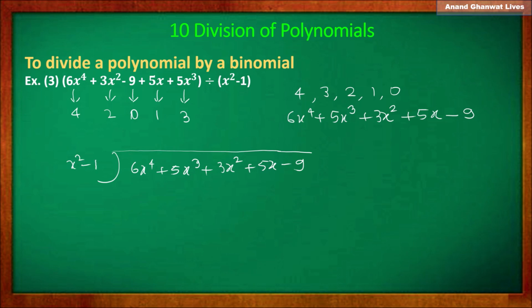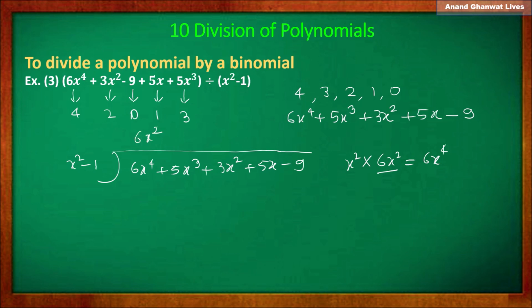Now while dividing, you have to only consider the first term in dividend and divisor. Okay, so think which is the proper multiplier of x square so that the product is 6x raised to 4, and the multiplier is 6x square. So in the quotient, 6x square.